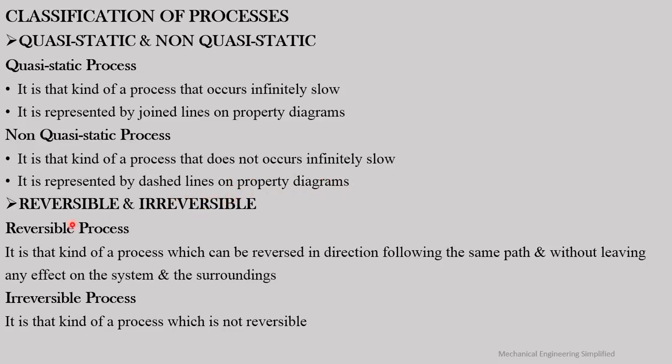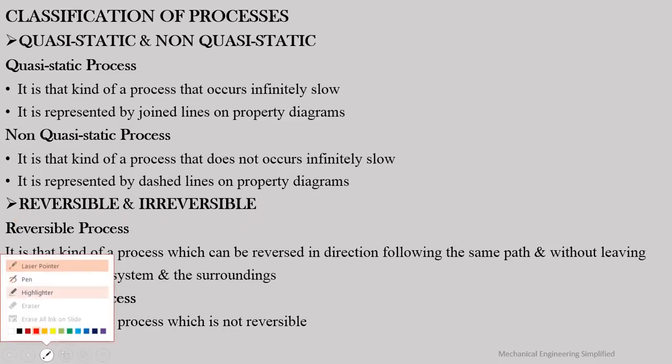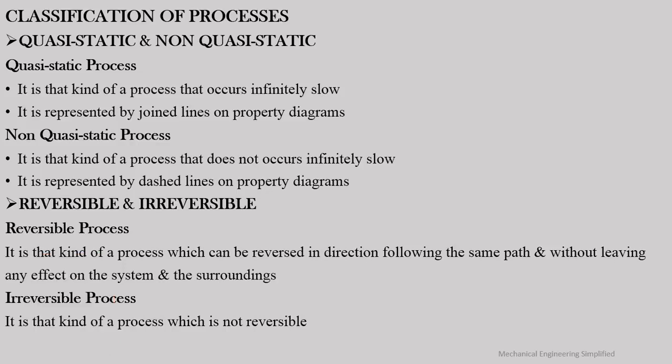Then we have another classification, reversible and irreversible. What are those? It is a kind of process which can be reversed in direction following the same path and without leaving any effect on the system and the surroundings. On observing this statement, you will find three conditions. What are those?